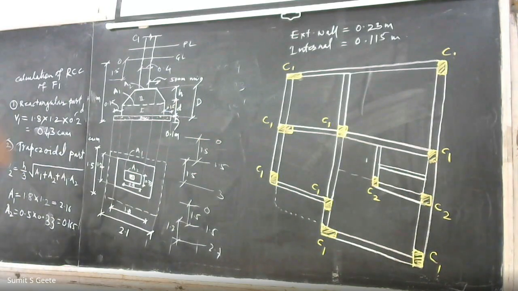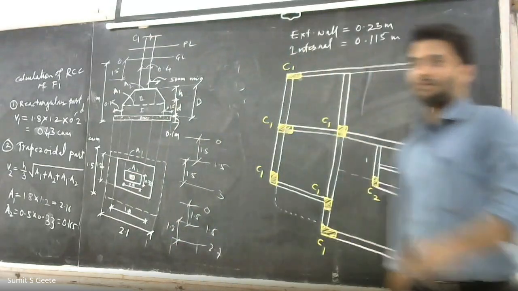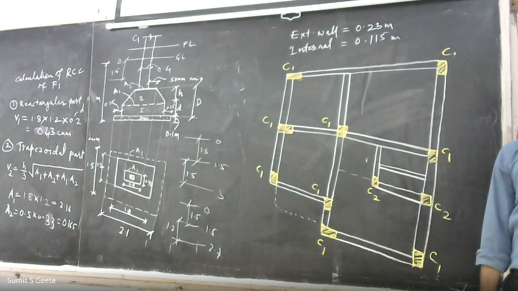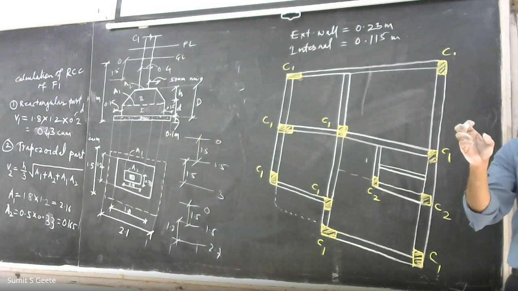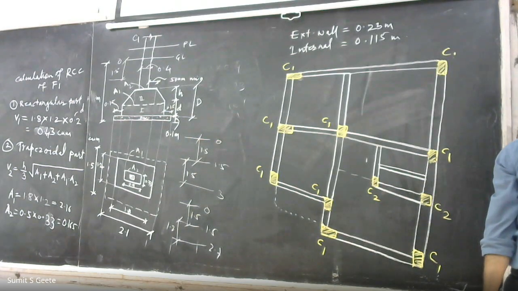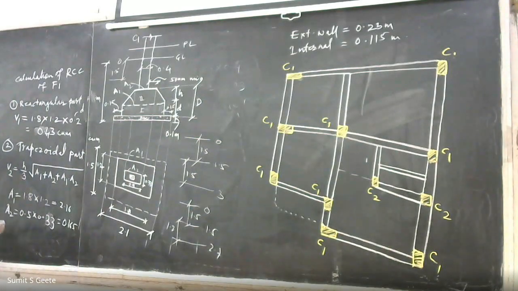It is the depth of the trapezoidal part of the trapezoidal footing. Clear? So therefore H is equals to capital T minus small d, which is equals to 0.5.